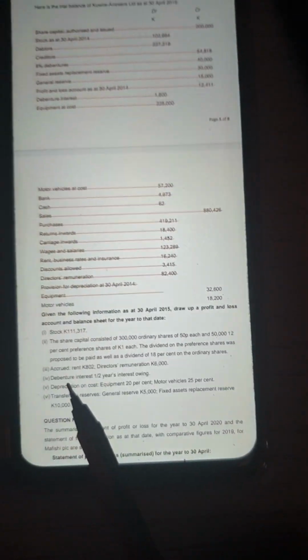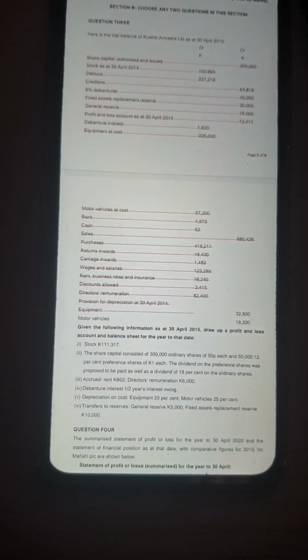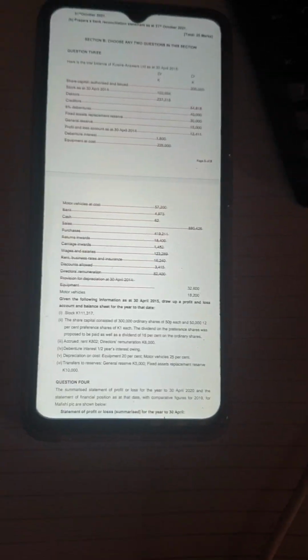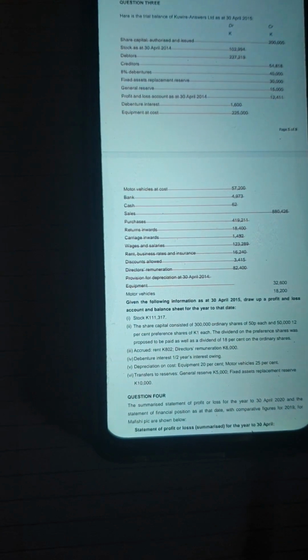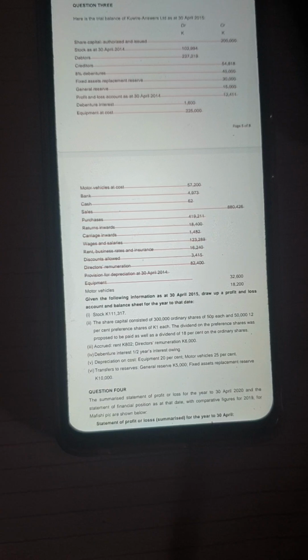We have 16,240, but there's an adjustment on rent accrual. There's an accrual on rent, which means you're supposed to add that. Since accruals are added and prepayments are subtracted in the income statement, we're going to add our rent accrued of 802.